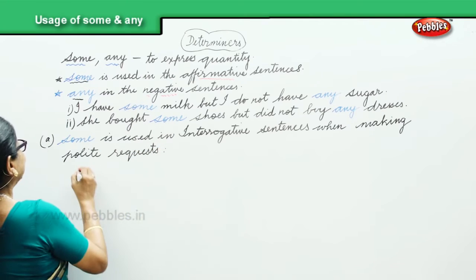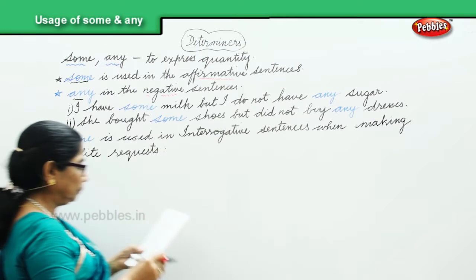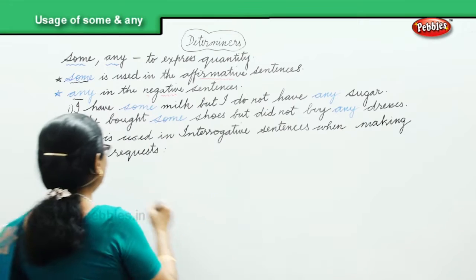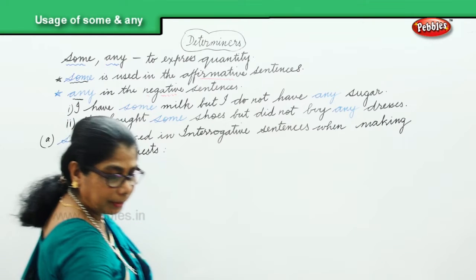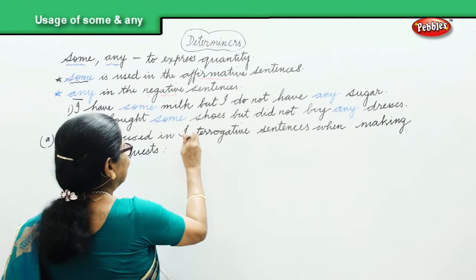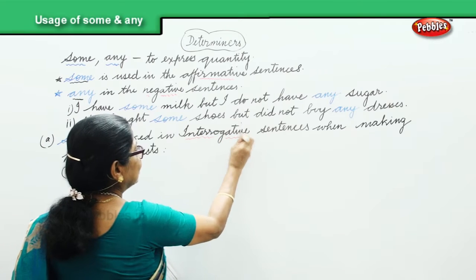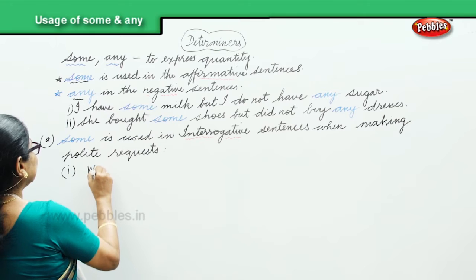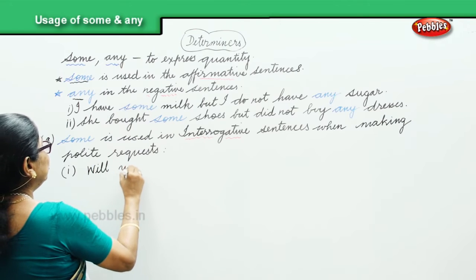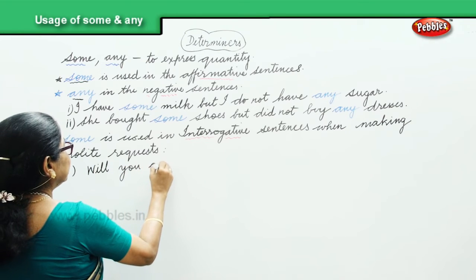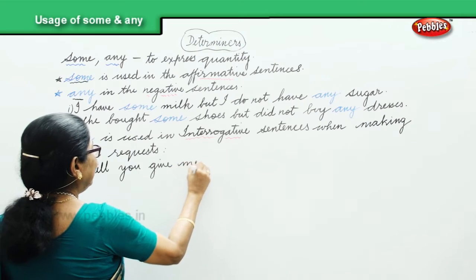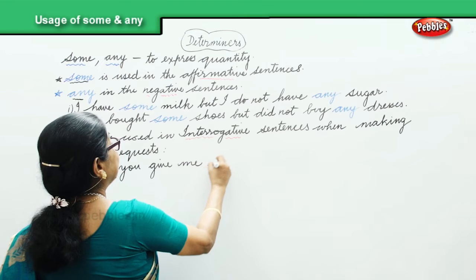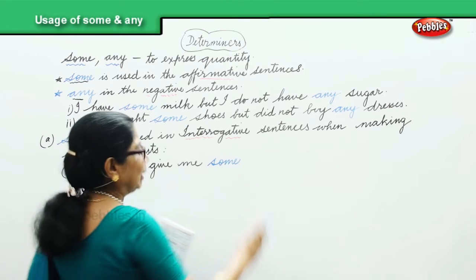Okay, let's look at the first sentence we have here. The first sentence says, will you give me some sugar? You said interrogative. Okay, that means questions, interrogative sentences. Will you give me some sugar?